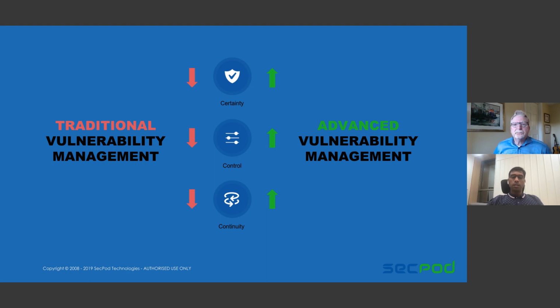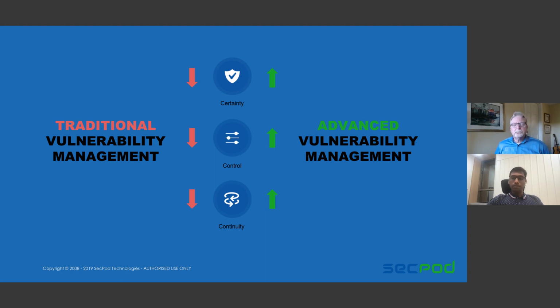One is certainty in knowing that I have understood and uncovered all the vulnerabilities that the IT infrastructure is exposed to. Second is a sense of control, because we have that integrated remediation where you can go ahead and apply those remediations and make sure that those weaknesses are actually eliminated. In a disjointed or disconnected system, this is difficult to measure.